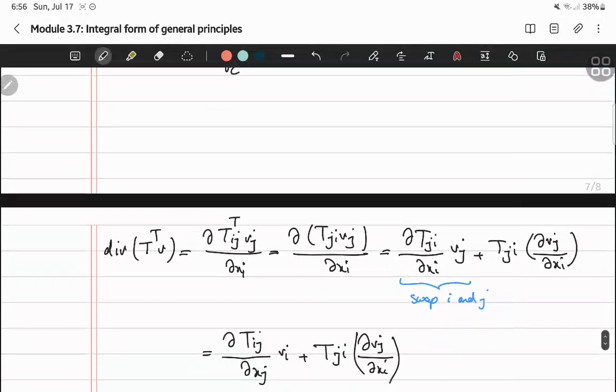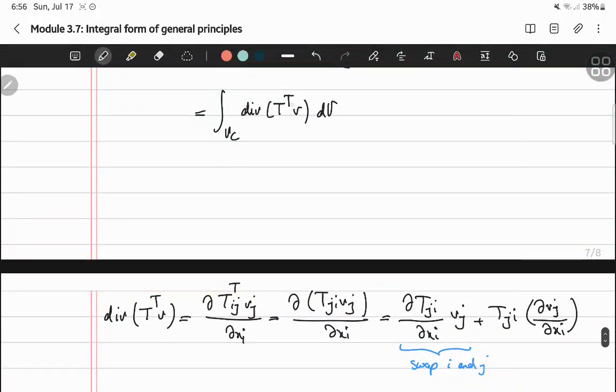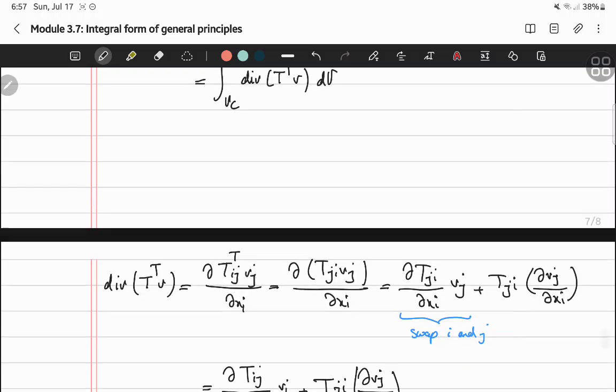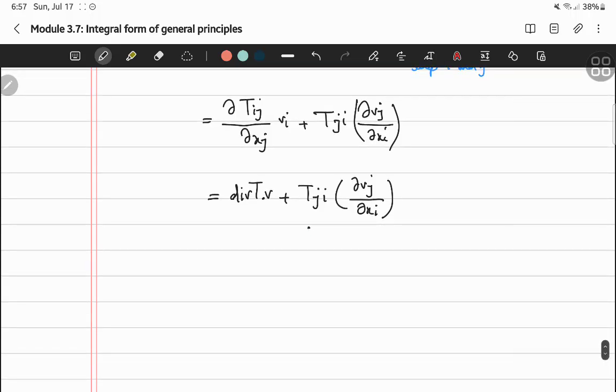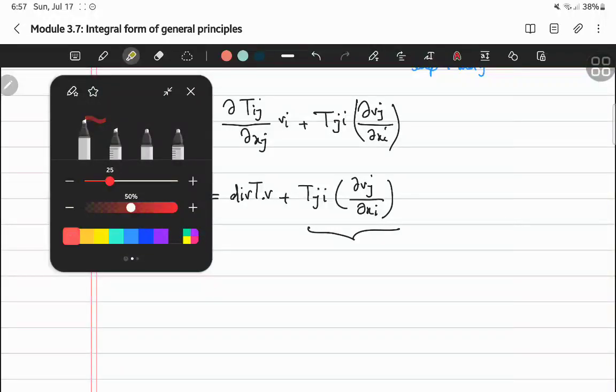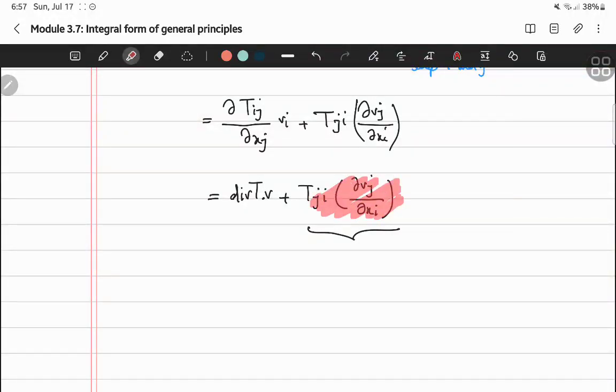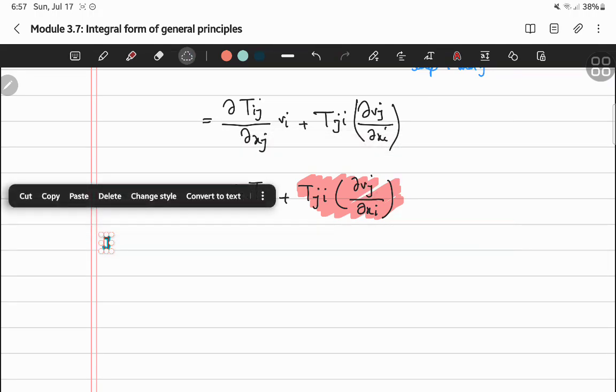We have the divergence of t transpose v in here, and we found that it is equal to this one. So we want to know what this one is. Let me change the color. We copy and paste this in here.